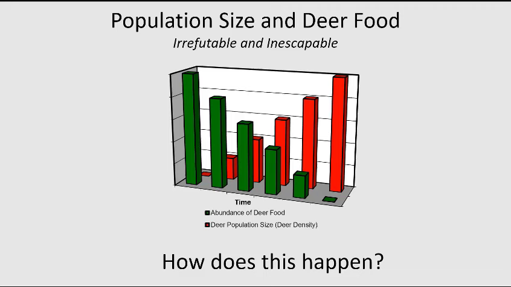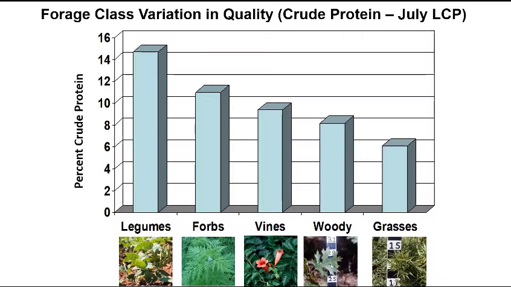How does that happen? How do deer impact the quality and ultimately the quantity of deer food? Well, the relationship between deer population and the quality of food can be understood by looking at the forage class variation in quality.